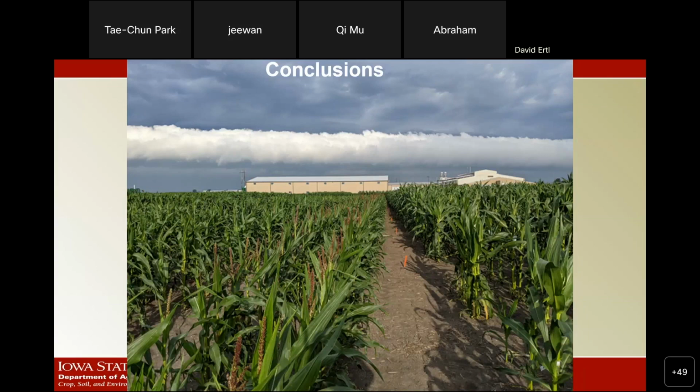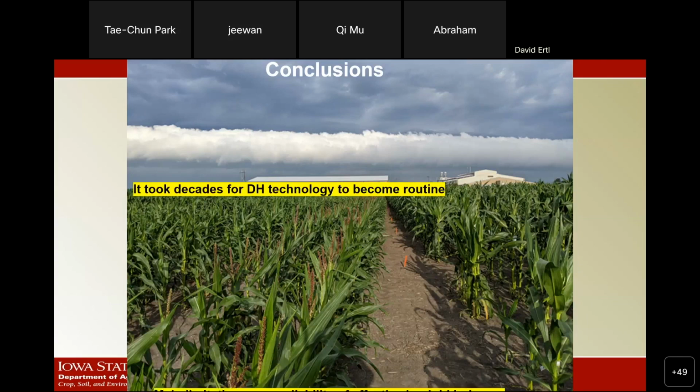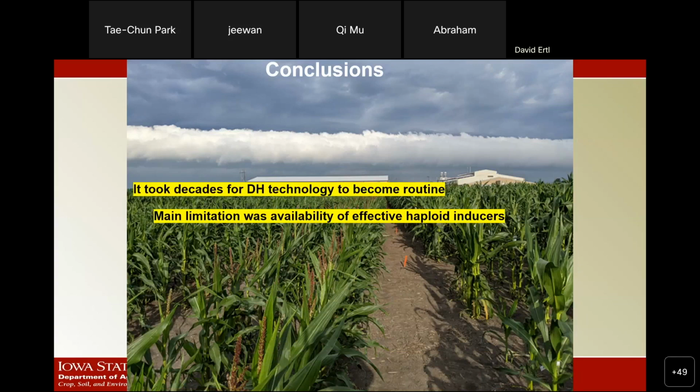So with that, I come to the conclusions. It took a long time to establish the DH process in maize. The main limitation was the availability of effective haploid inducers. That has been overcome. Meanwhile, maize can serve here as a model for other species.